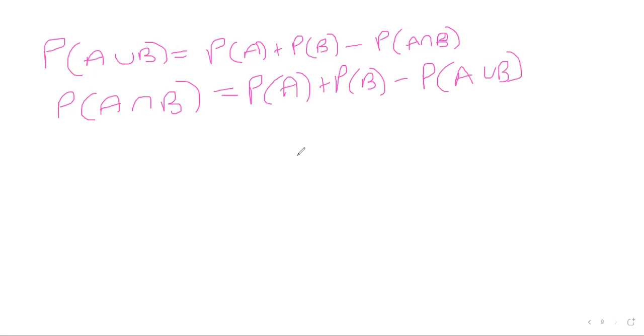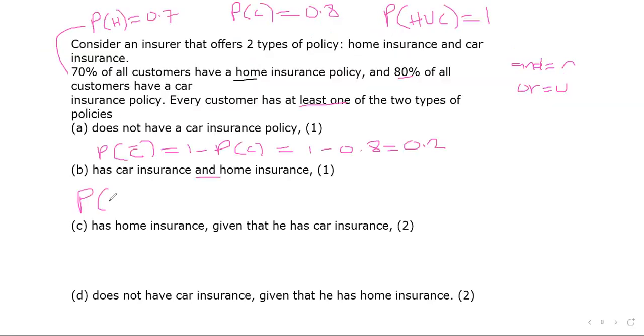Okay. So if we're going to actualize this, the probability of car insurance intersection home insurance is equal to what? Probability of car plus probability of home minus probability of car union home.